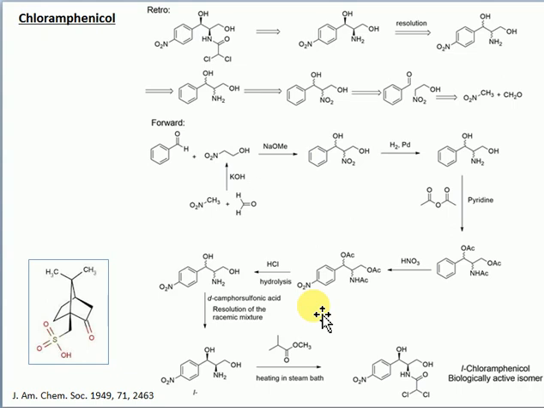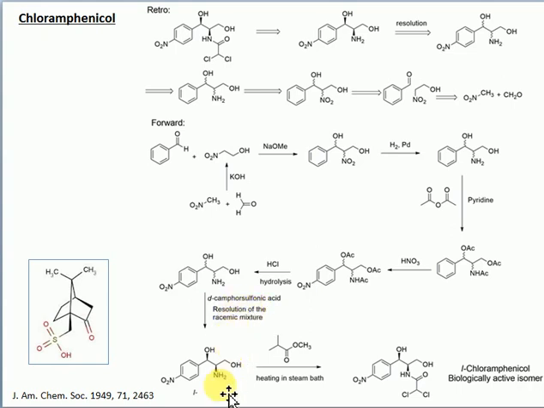This is actually done here. You all know how a racemic mixture can be separated by forming salts followed by crystallization. This strategy has been used here. You all studied this strategy in your stereochemistry classes.